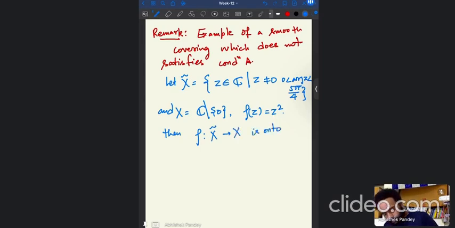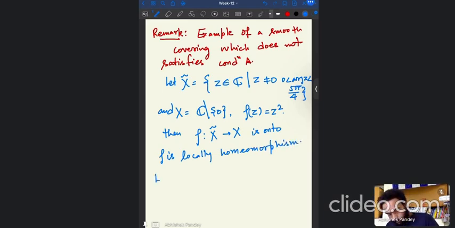Also one can check rho is a local homeomorphism because the derivative 2z is non-zero in X tilde. We know that if a holomorphic map has non-zero derivative, it is locally one-one. So rho is a local homeomorphism.